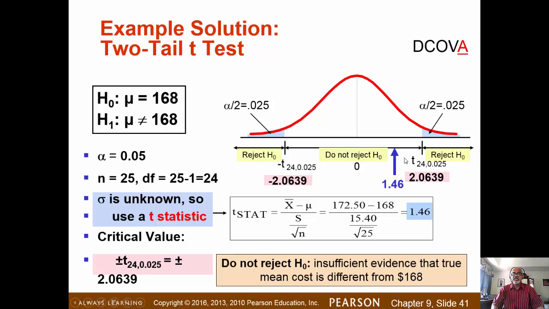Now we have to find the T table value instead of the Z value. We need the T table value for 0.025, so alpha 5%, 0.05, then 0.025 or alpha over 2. And remember, for the T table value, we need to have degrees of freedom. With n being 25, degrees of freedom is n minus 1, which is 24. So we'll go to the T table with tail area of 0.025 and degrees of freedom of 24.